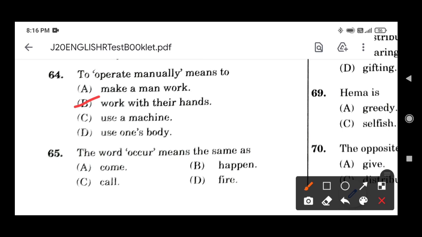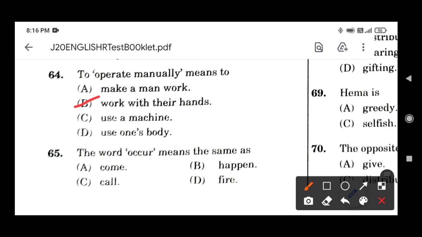Okay, now the last question in this passage is, the word occur means the same as, means what? Here we need to understand, we need to thoroughly prepare synonyms as well as antonyms. So occur means the same as, that means what is the synonym of the word occur? We'll see the options first.